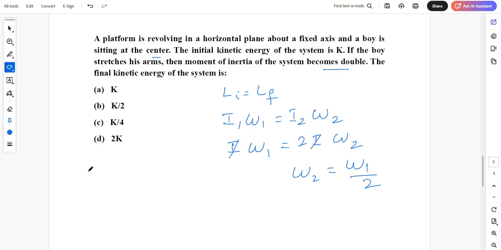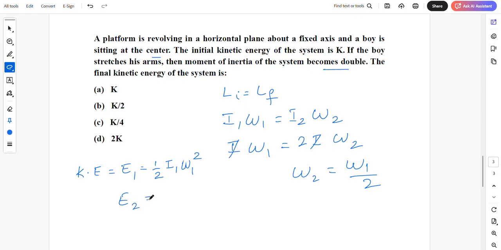What is the formula for kinetic energy? What is the initial kinetic energy? Initial kinetic energy, I will write, E1 is equal to 1 by 2 I1 omega 1 square. What is the final kinetic energy?